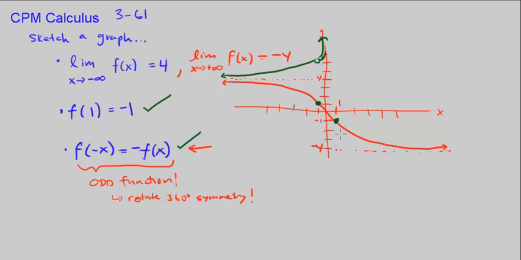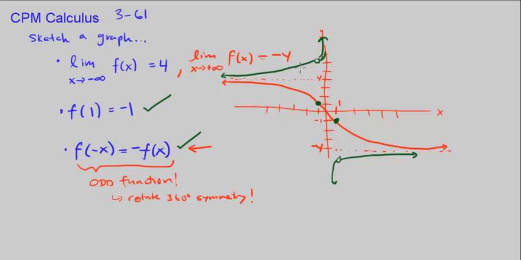Well, if that was the case, then it would have to have symmetry here, would look like this, right? Open dot. And we would still have the limit as x approaches negative infinity is 4, positive infinity is negative 4.